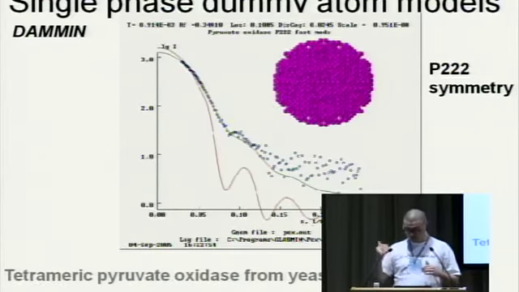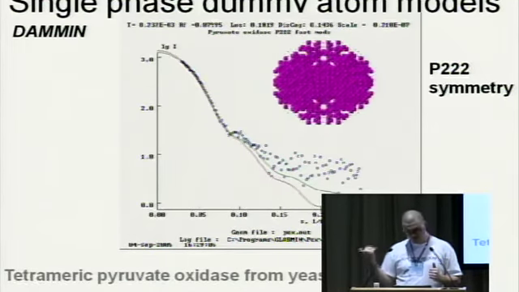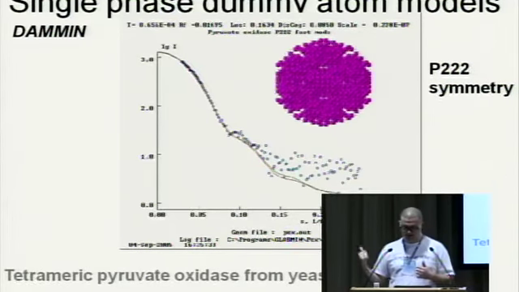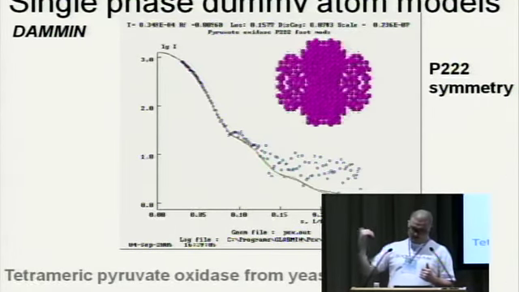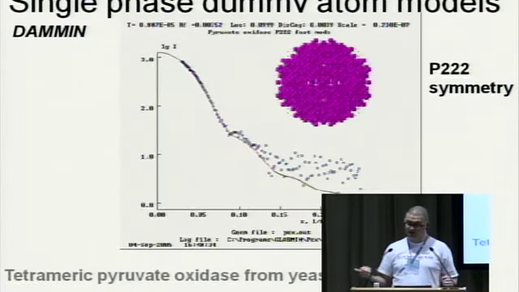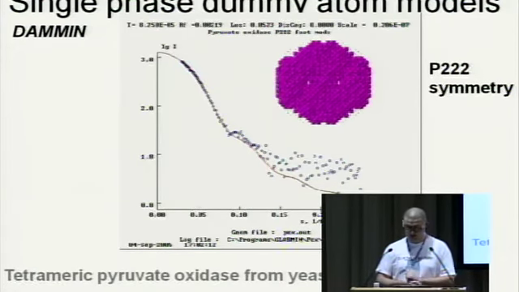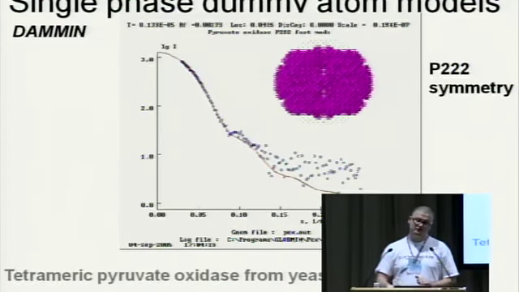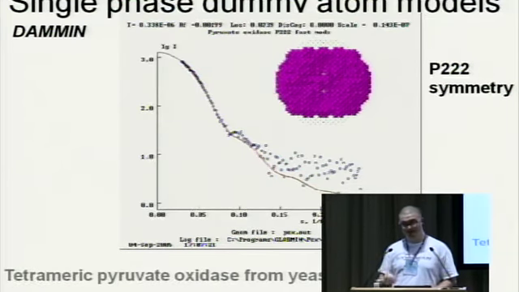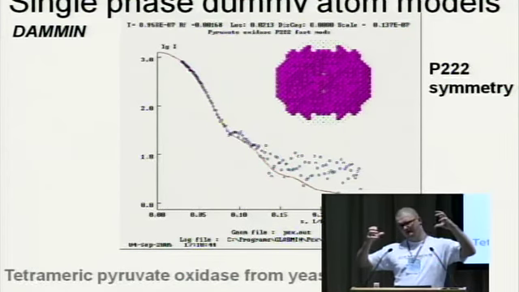And the process of fitting the data: here in green we have the target function that we would like to fit, and the red is the scattering from the current shape. As you can see, it very quickly approximated the target function, but it is still trying to find the most compact shape that has the P222 symmetry. So it's like cubic symmetry.